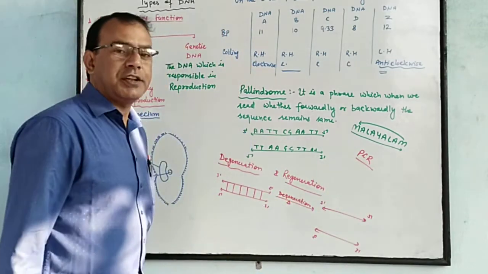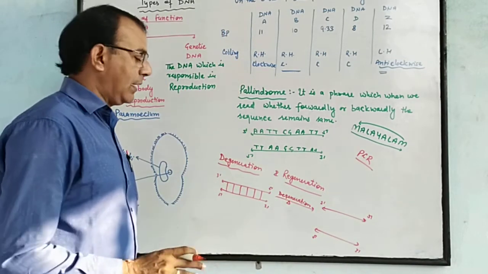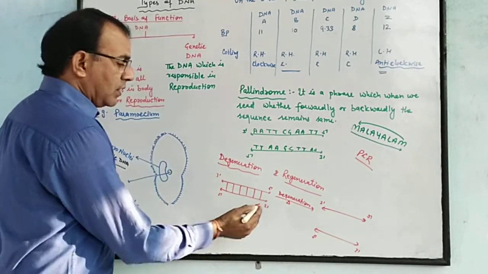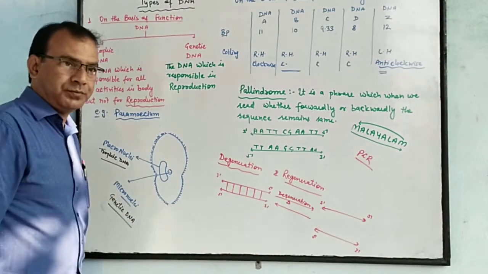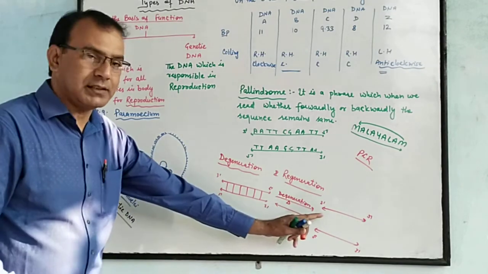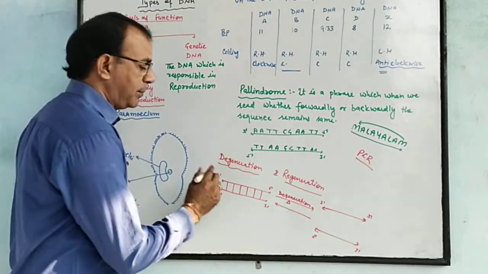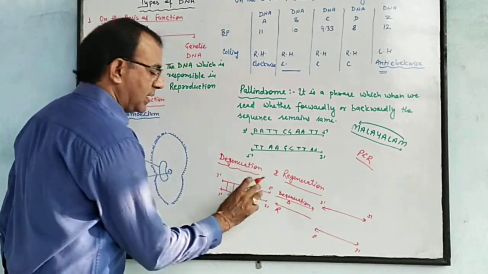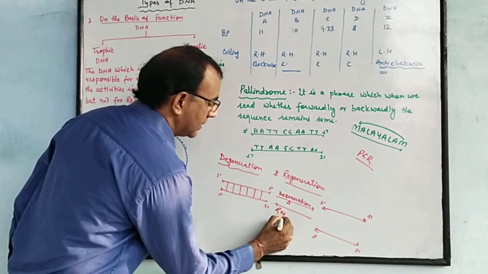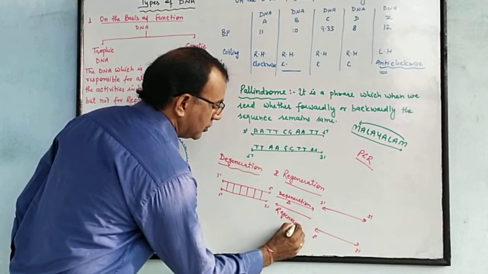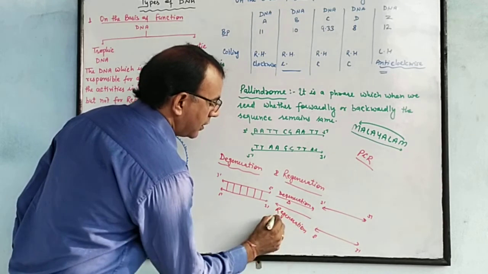polymerase chain reaction. We will discuss this in biotechnology. And again, when we provide a suitable temperature, both strands combine again, the backbones combine, and this is called regeneration or renaturation.